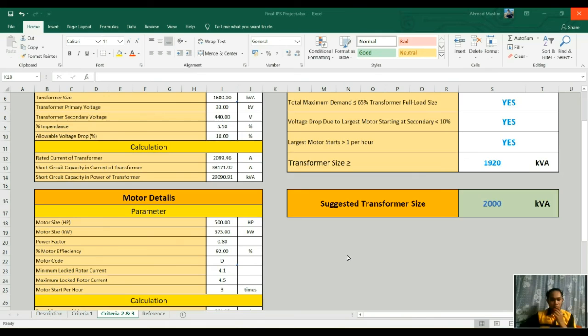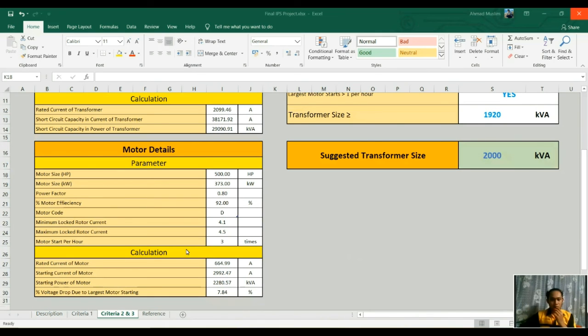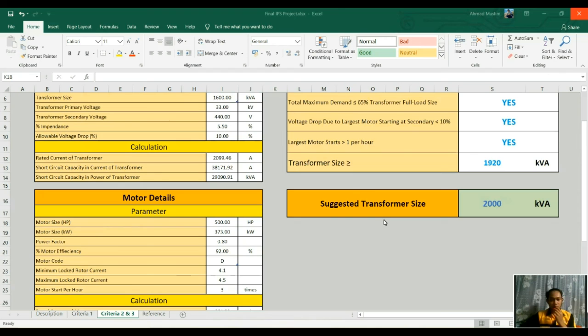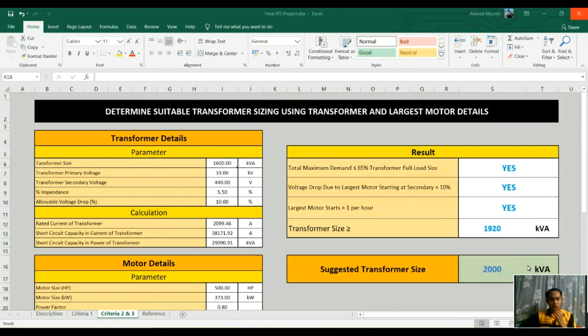So the voltage drop due to the largest motor starting calculation shows that 7.84% achieves criteria 2, which is it must be less than 10%. So the result shows all yes, that means all transformer sizes will be accepted depending on these criteria.